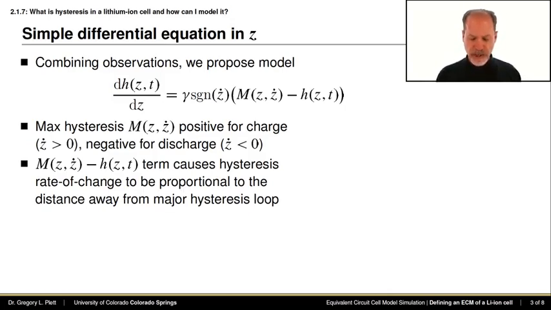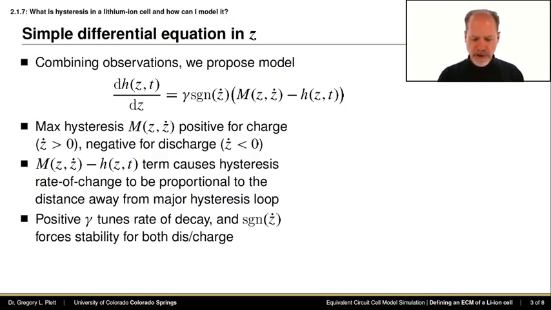So if M minus H is large, I'm a long way away from the maximum value of hysteresis at this point, which means that dH by dZ is going to be large in magnitude, so I'll move more quickly. But if H is almost exactly equal to M, then M minus H is very small, and so the rate of change of hysteresis versus a change in state of charge is going to be small. So that term is helping us to get this kind of an exponential shape of decay of hysteresis towards either the maximum charge or maximum discharge curve.